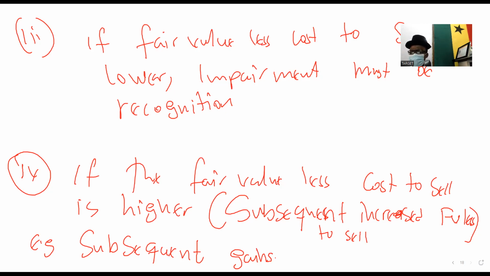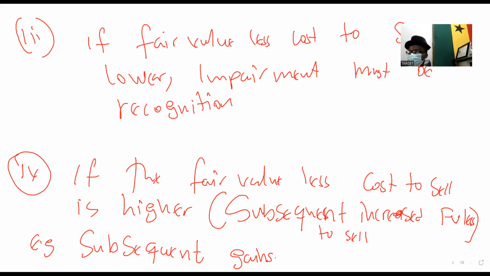Now, if you get a subsequent gain, the standard states clearly that the entity shall recognize any gain, but not in excess of the cumulative impairment loss. There's a quota. Take notice. You can record impairment without a quota, but the gain has a quota.